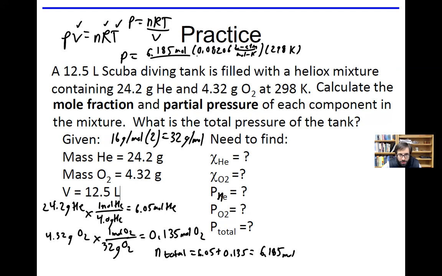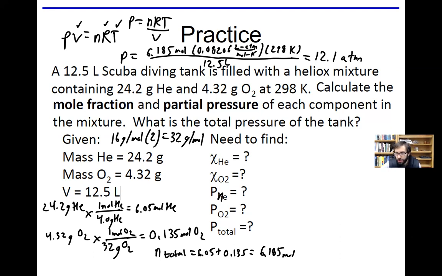And the whole thing needs to be divided by the volume of the tank, which is 12.5 liters. We plug that into our calculator and multiply across the top, divide by 12.5, and we get, we'll call it, 12.1 atmospheres.